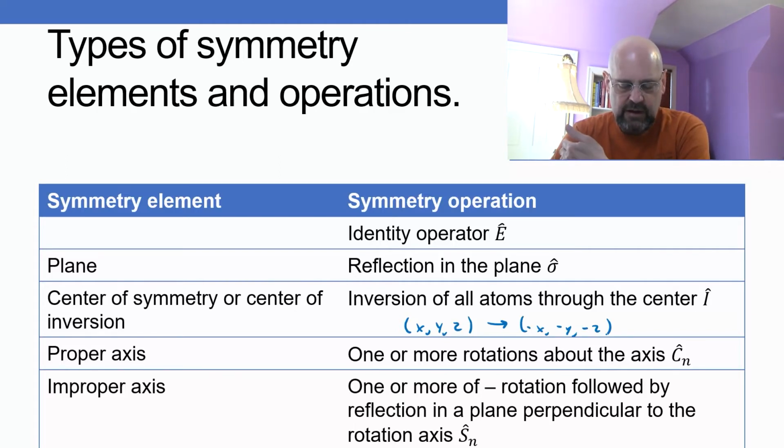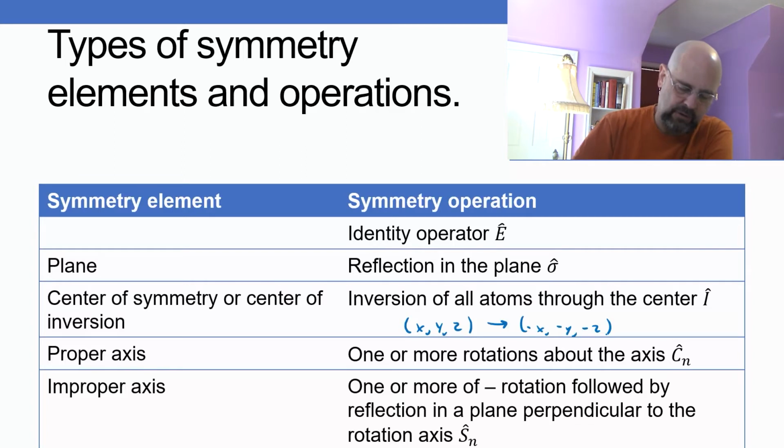The operation is inversion of all atoms through the center. The element is a proper axis of rotation. C designates a rotational axis or operation, and n would be the order of the axis.